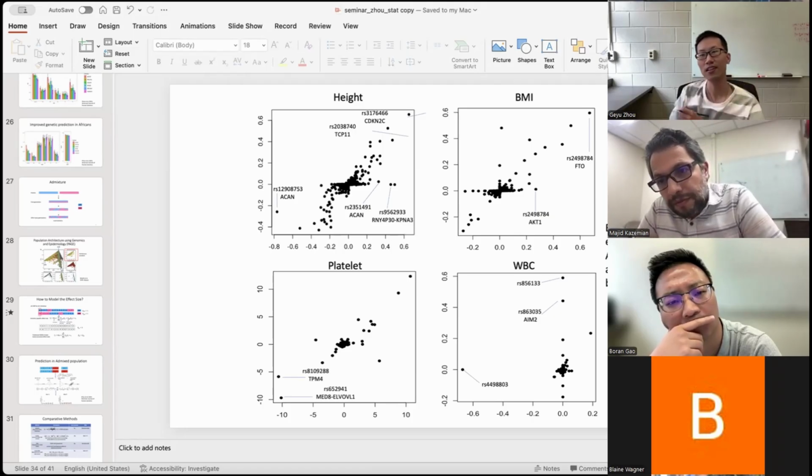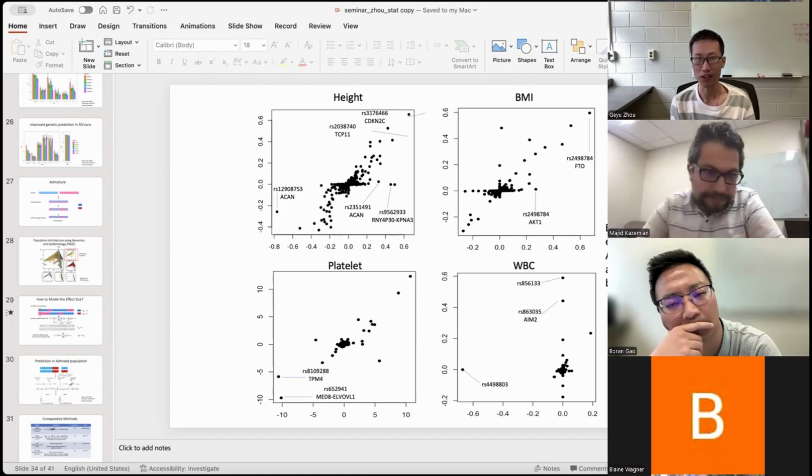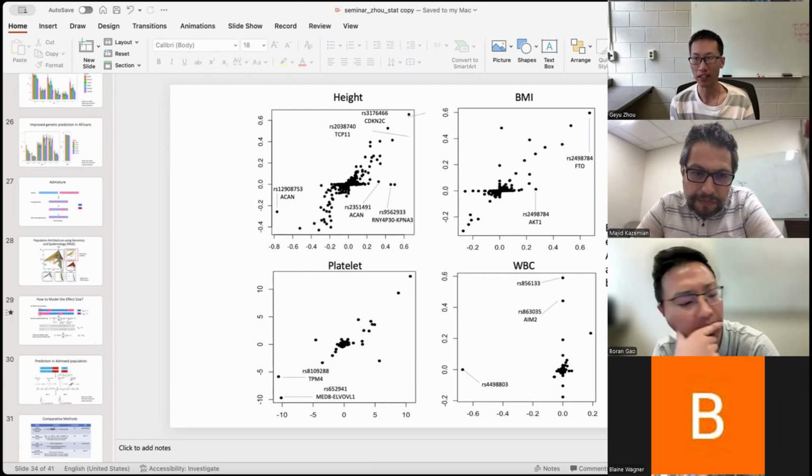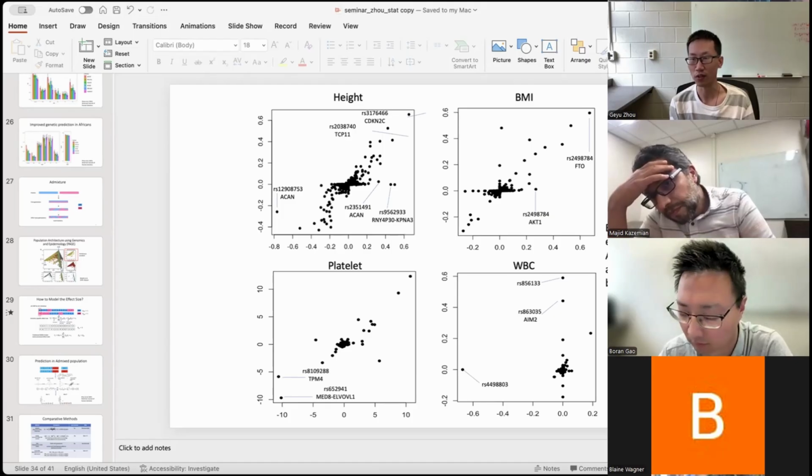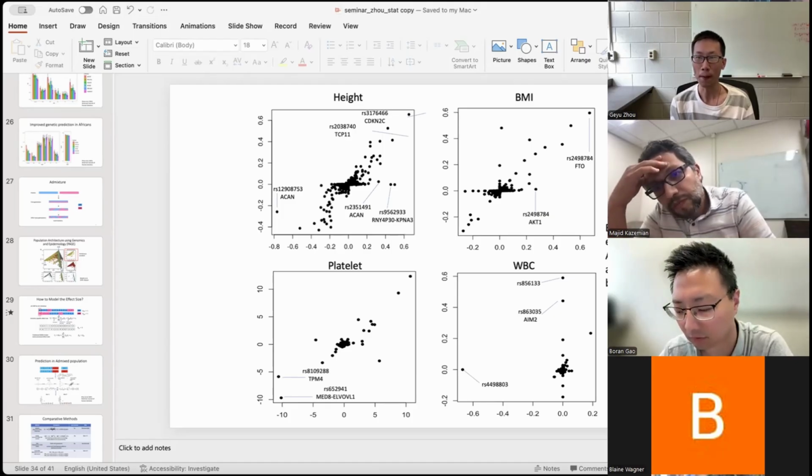For example, the impact of diet on BMI, and epigenetic factors will also play an important role. And I would say one interesting research direction is to integrate all that information together to improve the prediction.